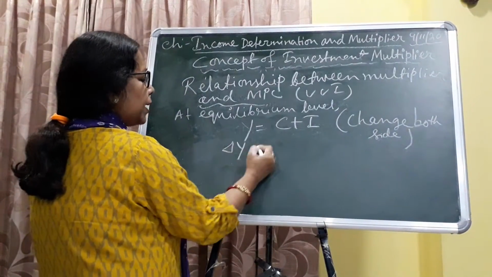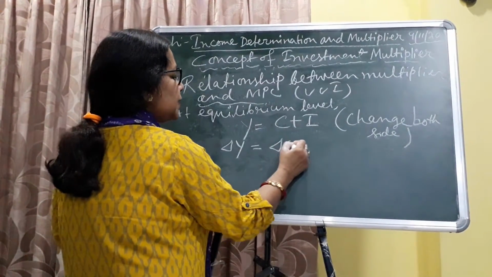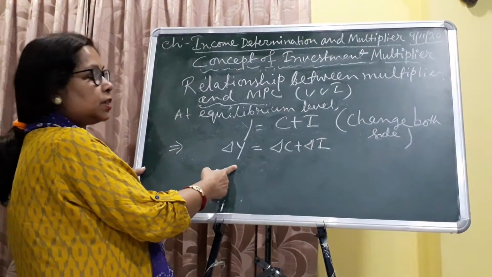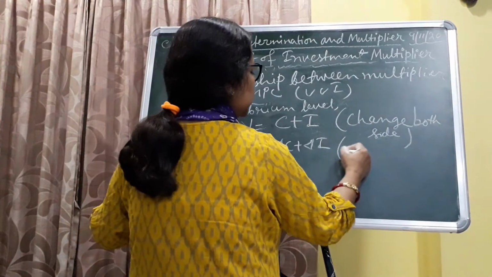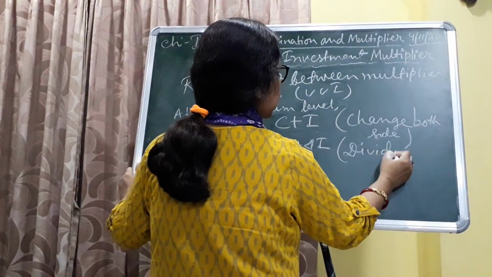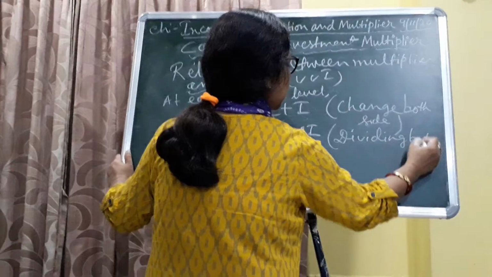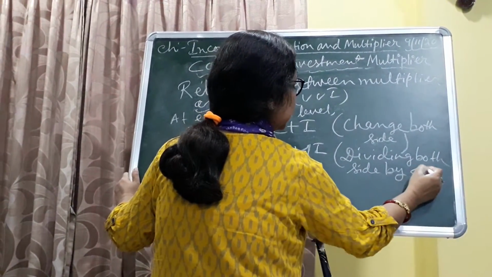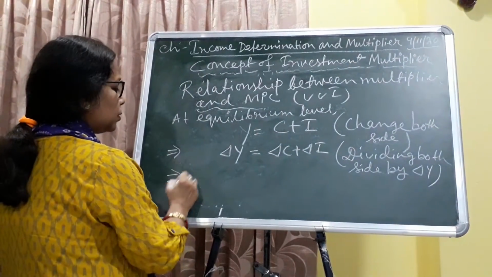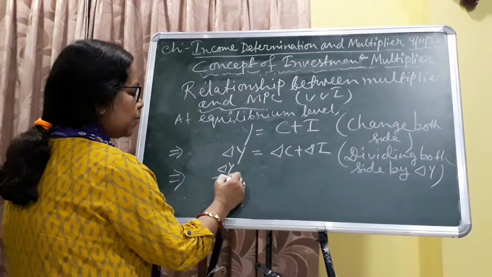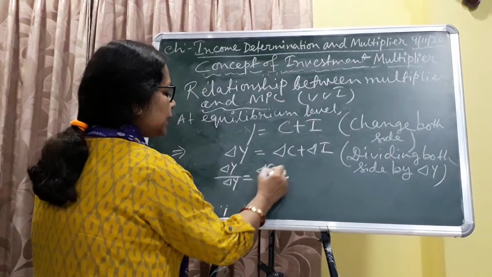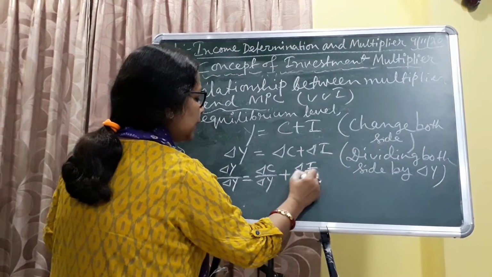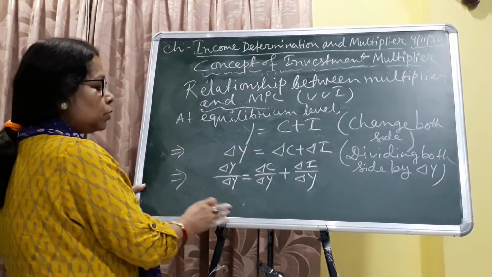So delta Y equal to delta C plus delta I. Next, dividing both sides by delta Y. So delta Y divided by delta Y equal to delta C by delta Y plus delta I by delta Y. So delta Y cancelled.